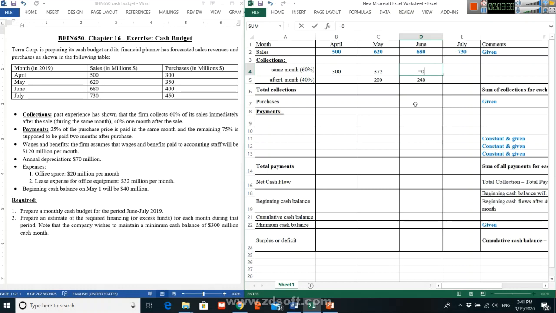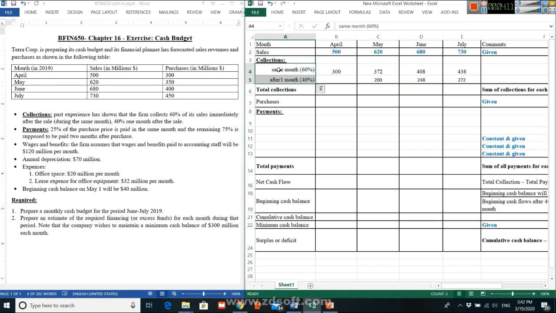Regarding June, 0.6 times 680, and after 1 month, 0.4 times the 680. Regarding July, 0.6 times the 730. The remaining 40% would not appear in this table because we do not have the column of August. So this is the collection part.